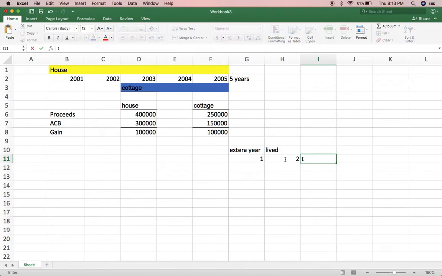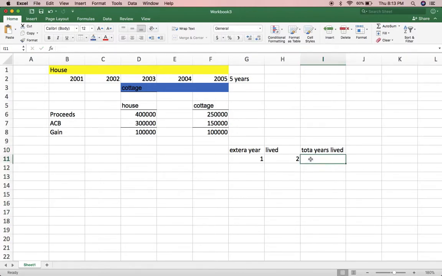Total years lived is 3, and the years we're going to use is 2.